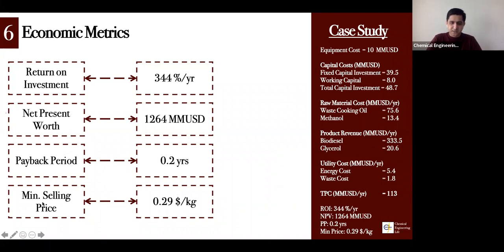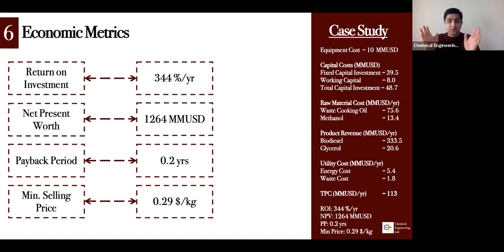Finally, the minimum selling price is the price that we need to be selling our product, which is biodiesel. That means that in order for us to create a profit, we need to sell biodiesel at a minimum price of $0.29 per kilo.